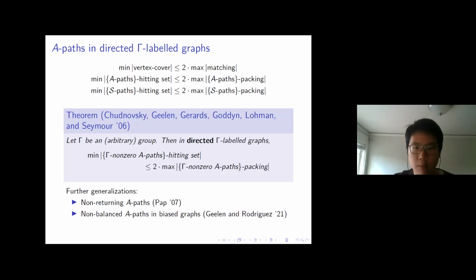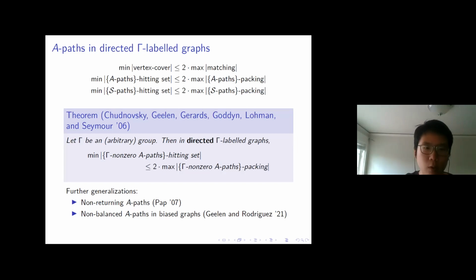And more recently, Geelen and Rodriguez showed that if you take a biased graph, which generalizes these directed group label graphs, and you take certain non-balanced A paths, they also satisfy this exact min-max relation, and therefore also this approximate packing covering duality. So these are some very nice results in the directed setting, a very nice sequence of generalizations.